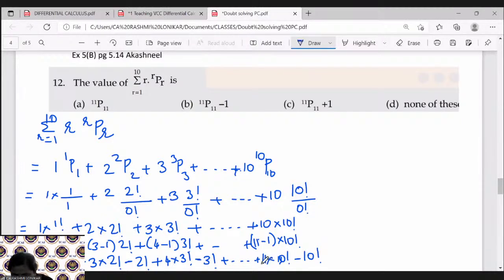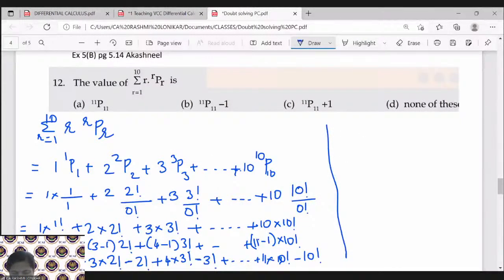Now here, as you can see, 11 into 10 factorial you are getting as 11 factorial. 4 into 3 factorial you are getting as 4 factorial. 3 into 2 factorial you will get as 3 factorial. And for the others, they will cancel out. So what am I left with?